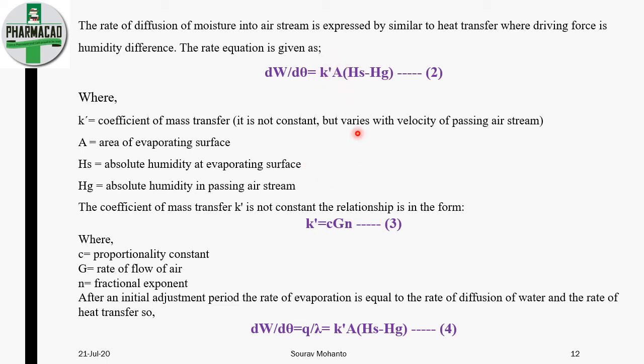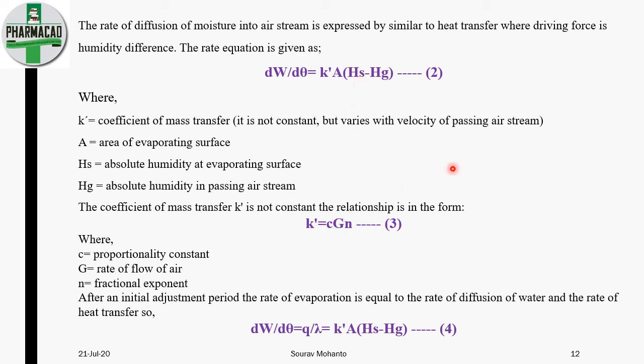Next, A is the area of the evaporating surface, which we can consider as the surface area of the vessel from where the evaporation is going on. Then Hs is the absolute humidity at the evaporating surface, and Hg is the absolute humidity in the passing airstream.